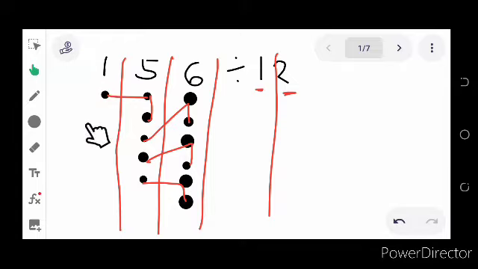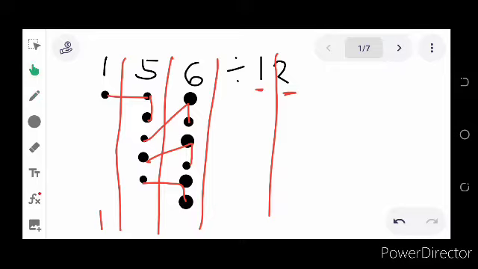Again, we count how many connections have been started in the leftmost column, which is here at the one column. Notice that this is the only connection that started at the one column. No other connections started from the one column, but only this. Therefore, you only have one here. So that is now the first digit of your quotient.